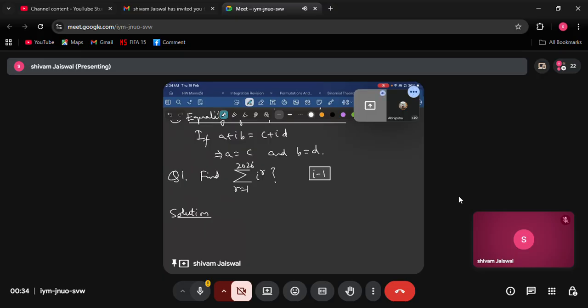Over here, iota plus iota square plus iota cube plus iota to the power 4 plus dot dot dot plus iota to the power 2020 plus iota to the power 2021 plus iota to the power 2022 plus iota to the power 2023 plus iota to the power 2024.